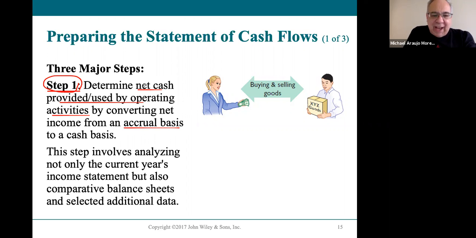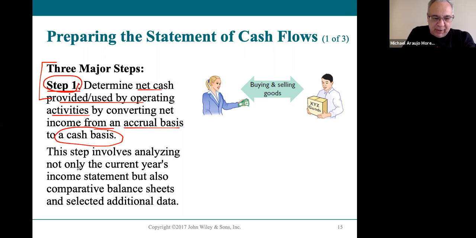Well, to do a cash flow statement, we have to look at the income statement from a cash basis. And that's really what's going to take most of your time. If you have any struggles whatsoever in this chapter, this is where it's going to be. It can be done, no problem.